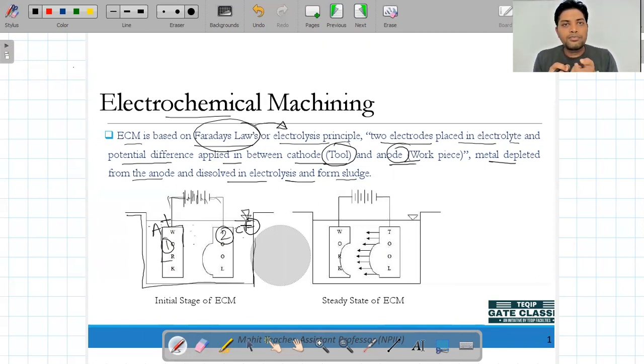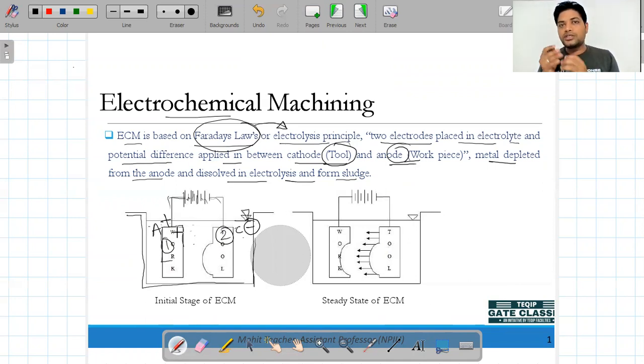Again, the concept is based on the minimum gap. Once the circuit is complete, meaning the two electrodes are set up, connected with the power supply and dipped inside the electrolyte, we supply the power, so a potential difference is created.